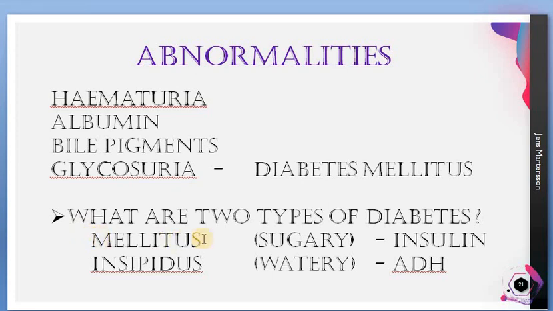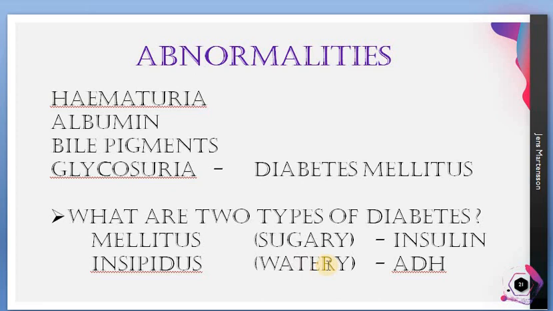Diabetes mellitus is due to insufficient or low insulin. Diabetes insipidus is due to low ADH. What is the result of diabetes mellitus? Urine becomes sugary. The result of diabetes insipidus is urine becomes watery.